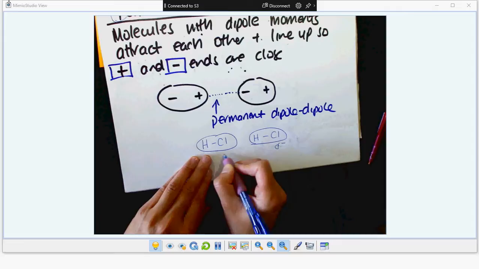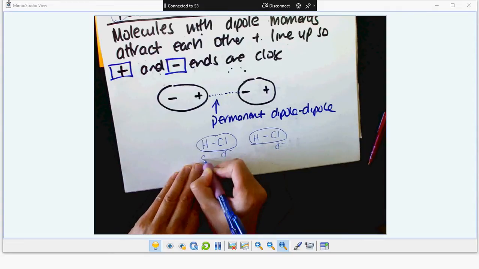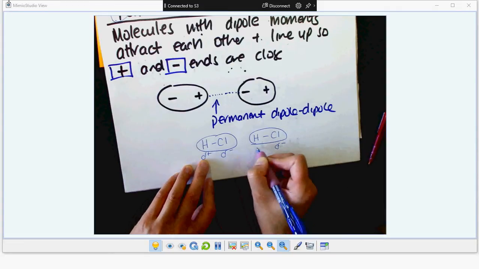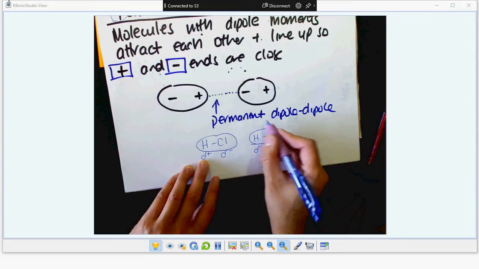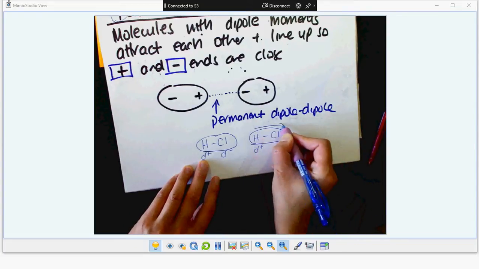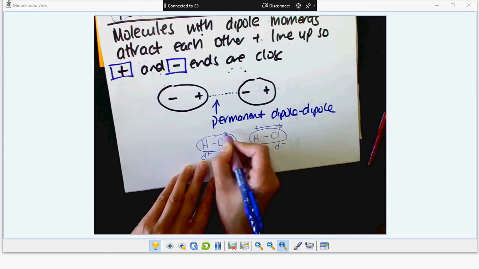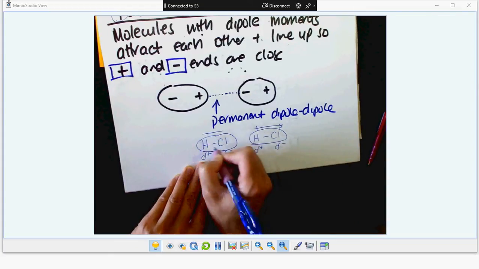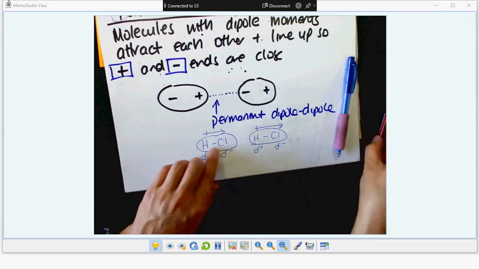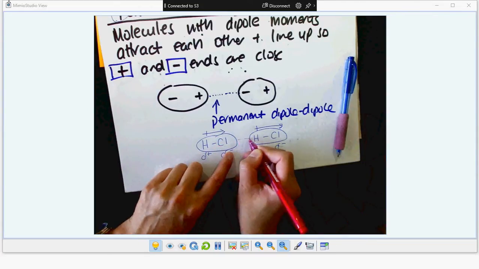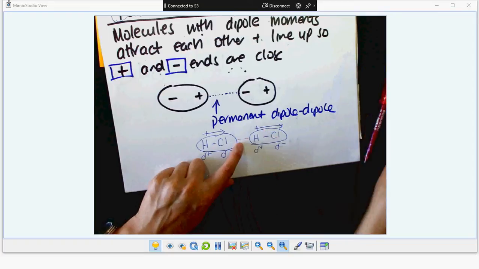You know that there's a slightly positive charge on the hydrogen, so there is a dipole that's set up. The electrons are dragged more towards the chlorine, and here there's an attraction, and that's a permanent dipole force.